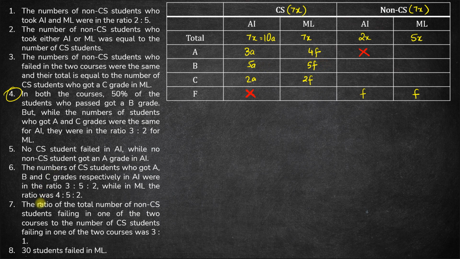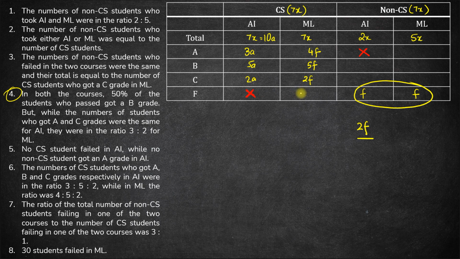Next, the ratio of total number of non-CS students failing in one of the two courses. So these non-CS students failing in the two courses is 2f. So ratio of this number to the number of CS students failing in one of the two courses. So CS students failing in one of the two courses, this is 0.